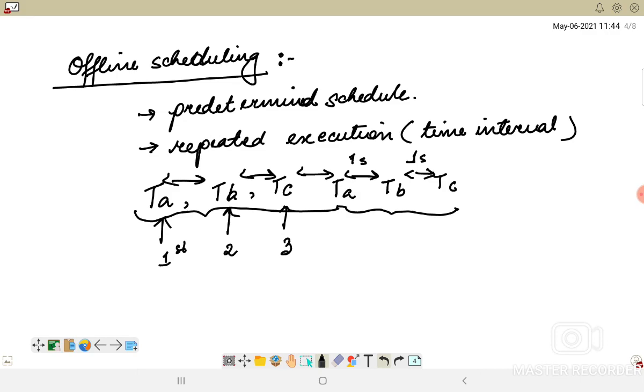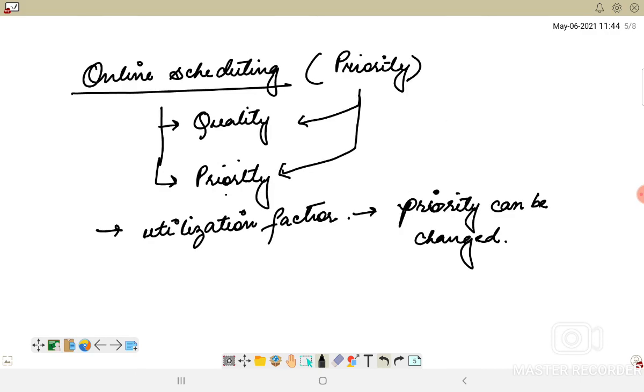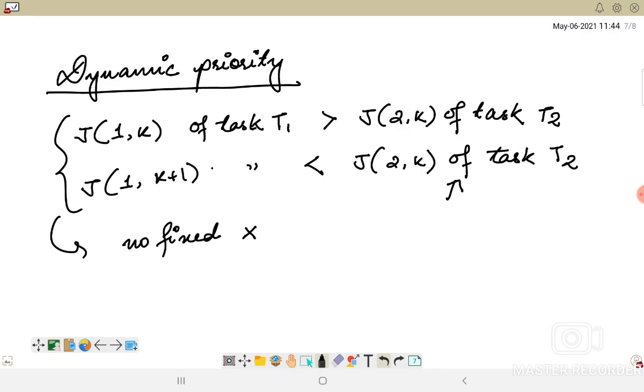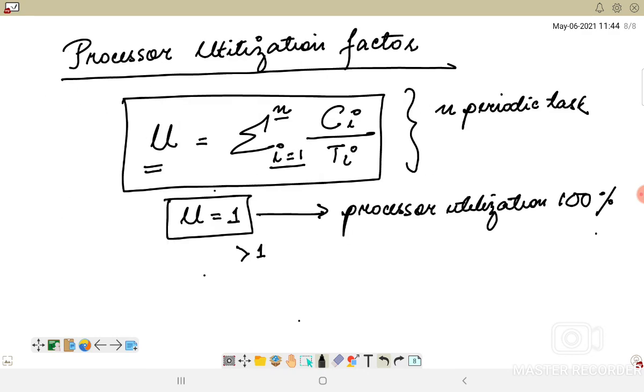We talked about offline scheduling, online scheduling, fixed priority algorithms, dynamic priority algorithms, and the processor utilization factor. In the next session, we will be talking about some of the scheduling algorithms which are very essential in scheduling the various tasks by the processor.